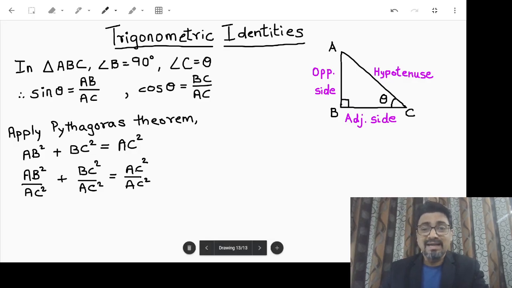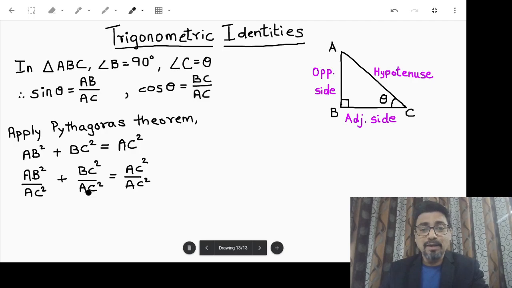Now right side AC square upon AC square will be equal to 1. But what about the left side? AB square upon AC square is AB upon AC the whole square. AB upon AC was sine theta. So AB square upon AC square will be sine square theta.